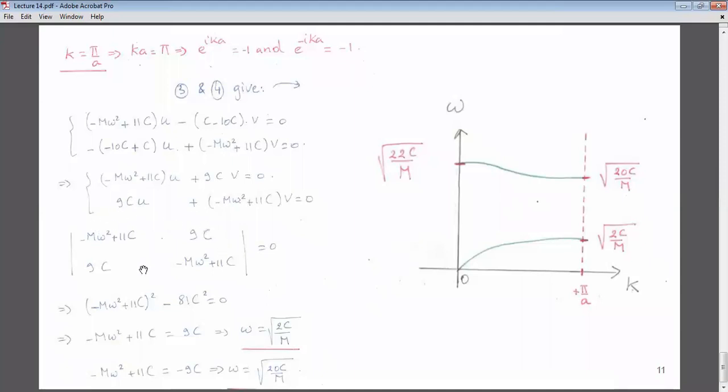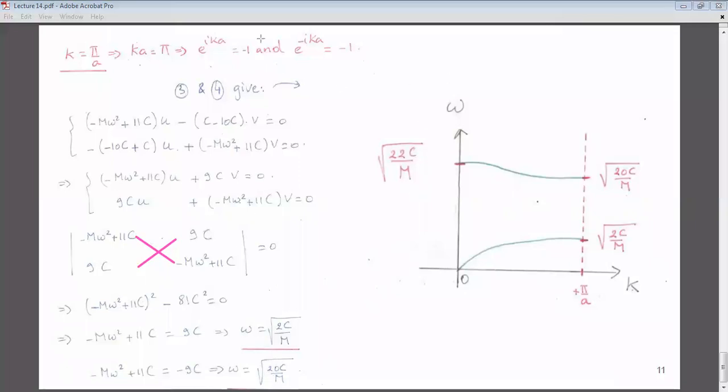And then I do the determinant of this. And I will get (minus m omega squared plus 11C) squared minus 81C squared equal to 0. And I will get two solutions: omega equals square root of 2C over m, and omega equals square root of 20C over m.